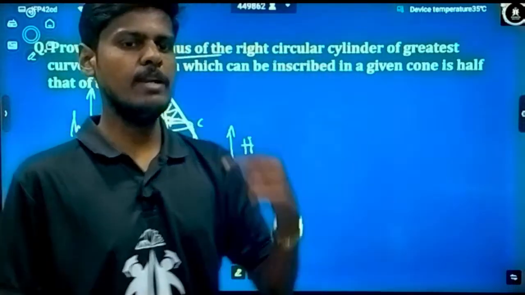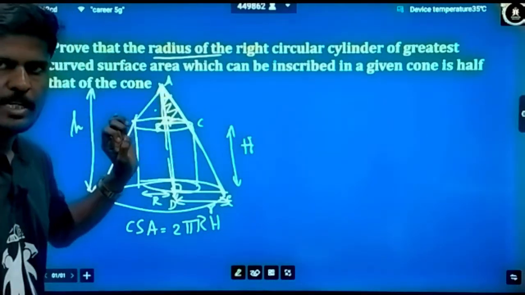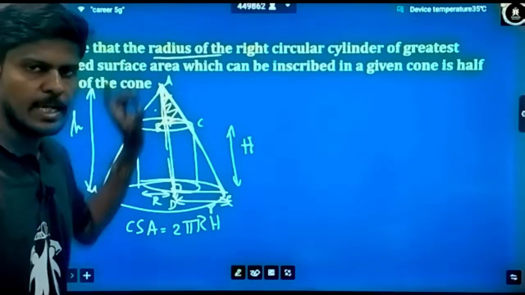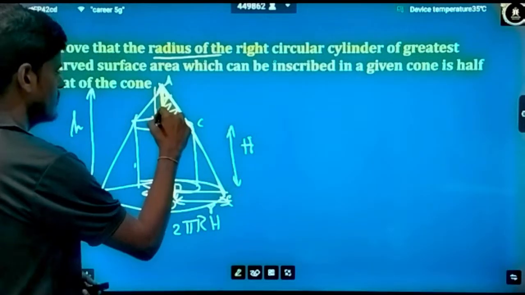When the condition is not given, from the geometrical diagram we have to understand the picture and see how to form the condition first. What is the height of this?